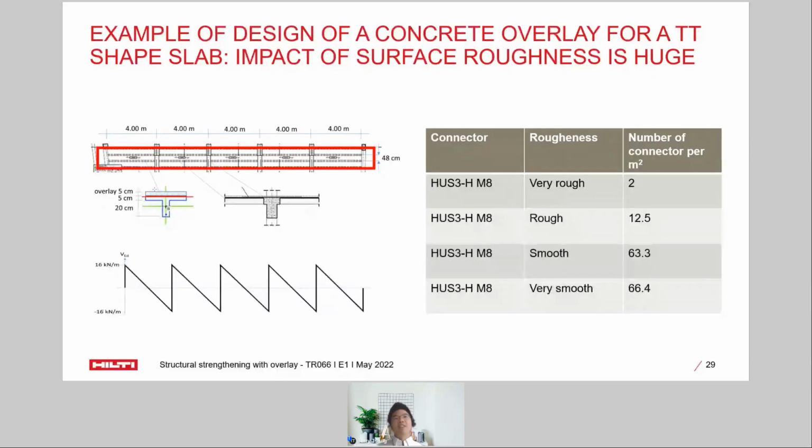If it is a very smooth surface, the concrete interface is not helping, and you will need, for example, 66 HUS screws per square meter. But if you are using a very rough surface, you only need two of them. So it is very important that you define the roughness so that you really optimize your calculations.